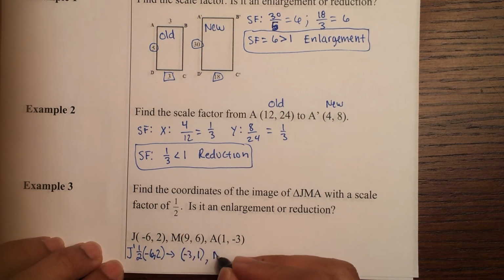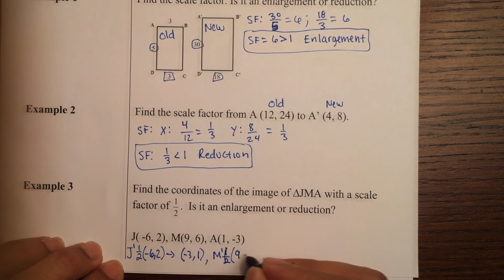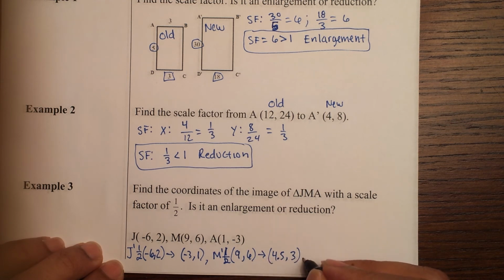Now do the same with M prime. Okay, so M prime, we take half of the coordinates of M, so half of 9 and half of 6, and half of 9 is 4.5 and half of 6 is 3. And then we do the same with the coordinates for A prime.